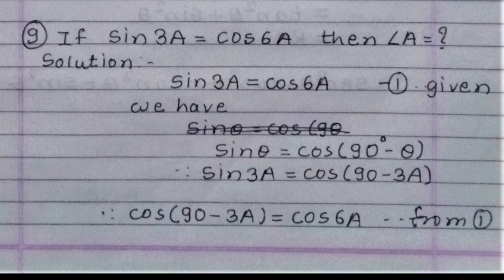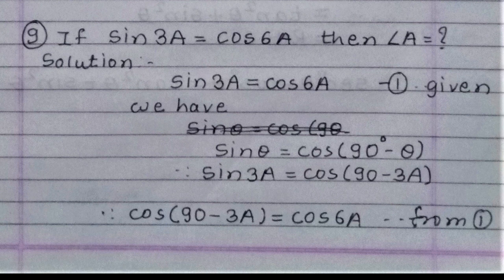Question number 9. If sin 3A is equal to cos 6A, then what is the value of angle A? Solution: what is given? Sin 3A is equal to cos 6A. We write it down as equation 1. Now again the same thing: sin theta is equal to cos (90 minus theta), or cos theta is equal to sin (90 minus theta).